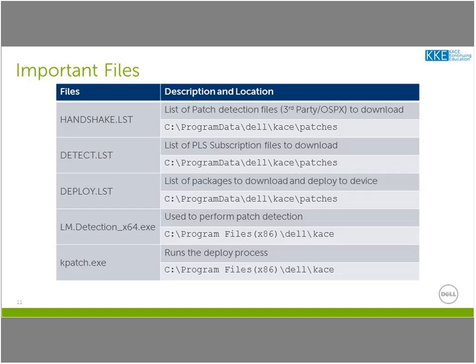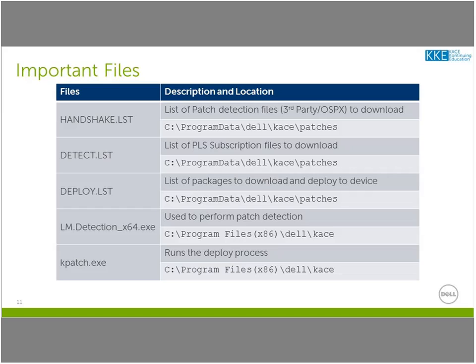The detect.lst file. So once you've built this handshake list of the files that need to be detected, then the detect.lst is a list of those that we need to download to the machine so that we can perform the detections, right? The PLS files are very small text files. The PLP files can be huge. They're actual patches. But the subscription, the signature files, are relatively small text files, and they get downloaded to the machine.